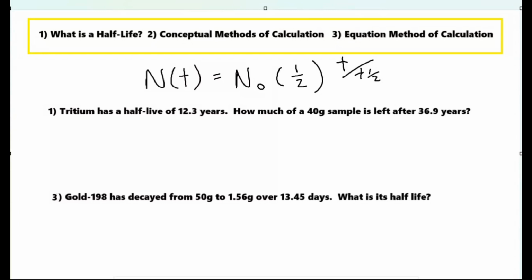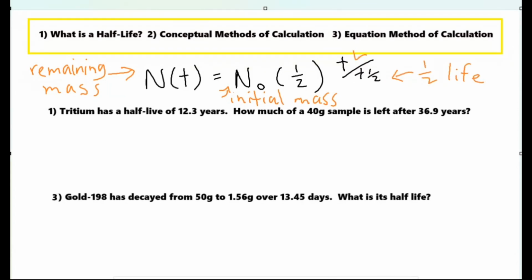All right. So let's go ahead and label what these are. So this is your remaining mass. This is your initial mass. And then in our exponent, this is a half-life.